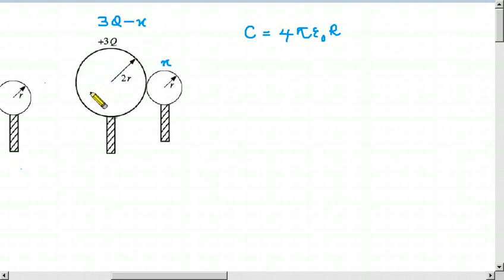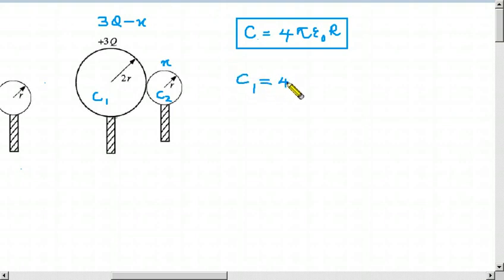Suppose the capacitance of this one is C1, and the capacitance of this one is C2. So let us write the equation for the bigger one. C1 equals 4 pi epsilon naught times 2R.